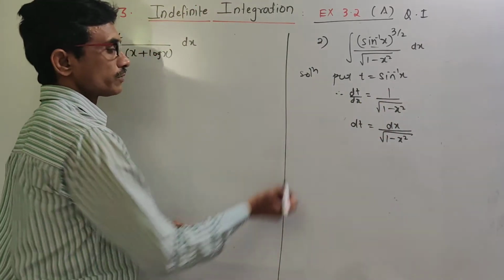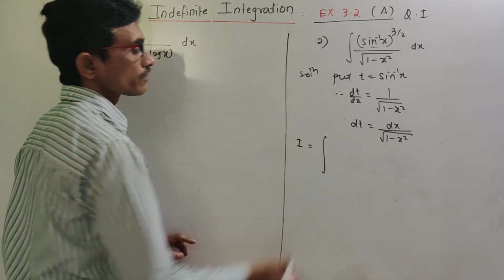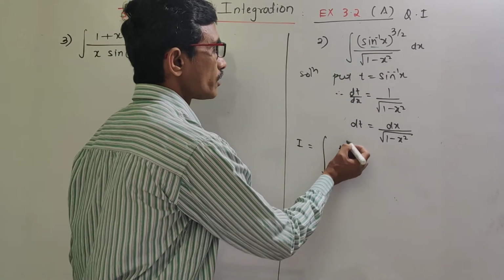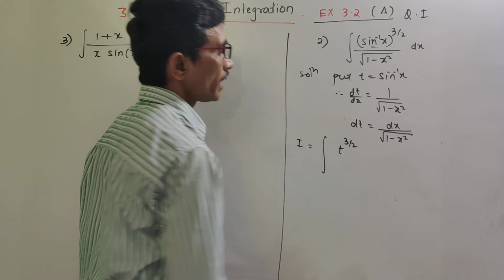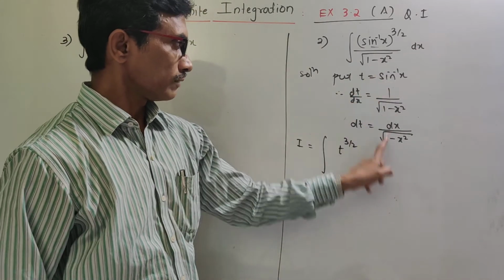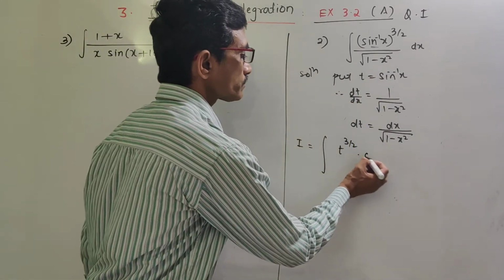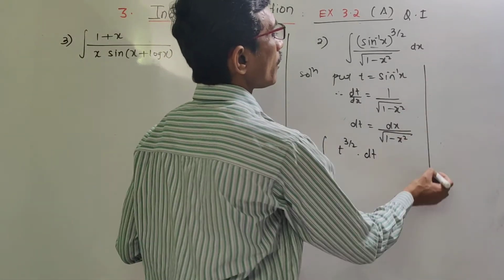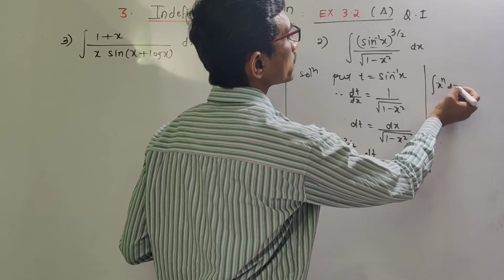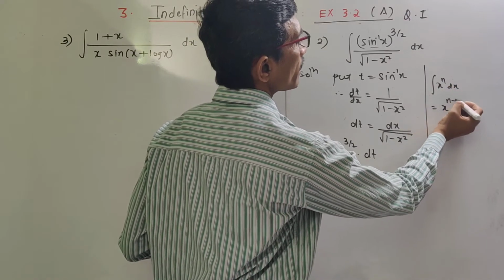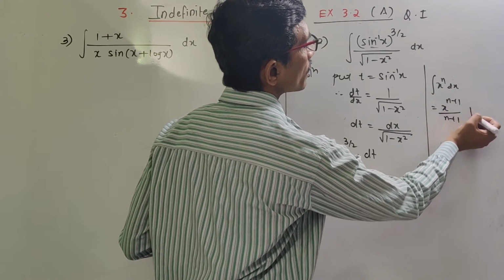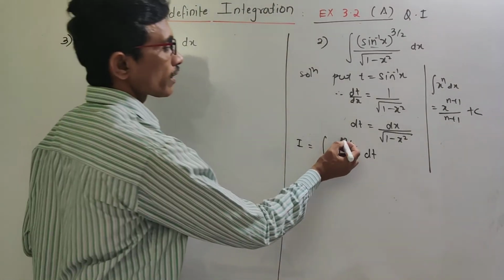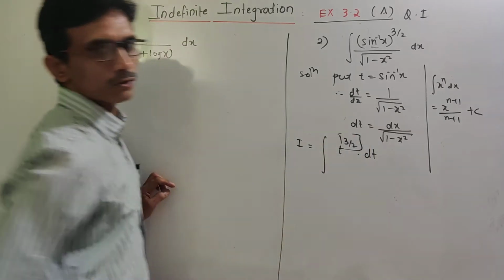Then substitute this, I is equal to, sine inverse of x is t, so it is t raised to power 3 by 2, and dx upon root of 1 minus x square is dt. So it is of the form integral of x raised to power n dx, which is x raised to power n plus 1 upon n plus 1 plus c. So which will be t raised to power n, that is 3 by 2.